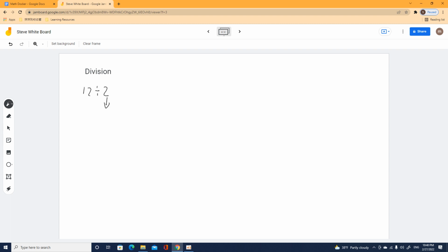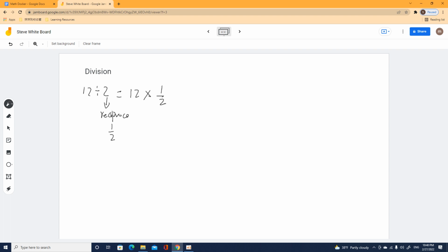You just need to multiply this number's reverse, the reciprocal. 2's reciprocal is 1/2. So you can transfer this division into a multiplication: this equals 12 multiply this number's reciprocal, 1 over 2.